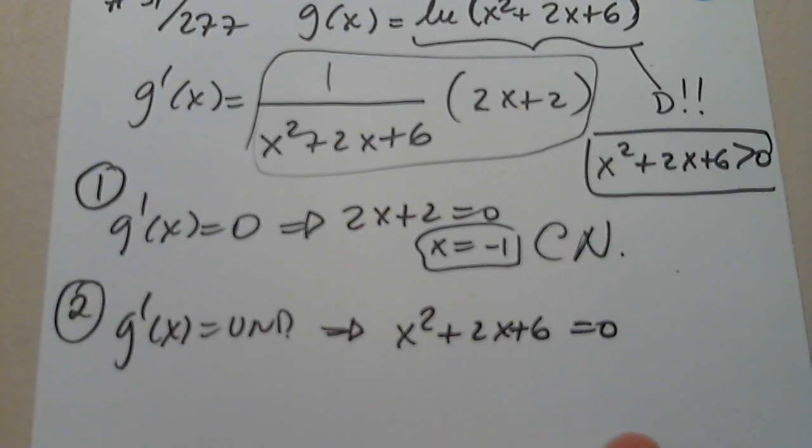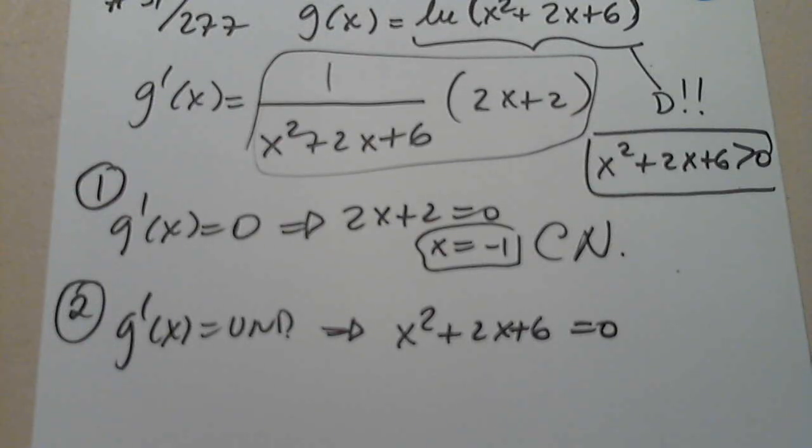Good. This is a quadratic polynomial. I don't want to waste too much time. I'm going to use the calculator right away. I go to apps. I go to 9. Polynomial root finder. It's quadratic, yes. I enter the coefficients: 1, 2, and 6.